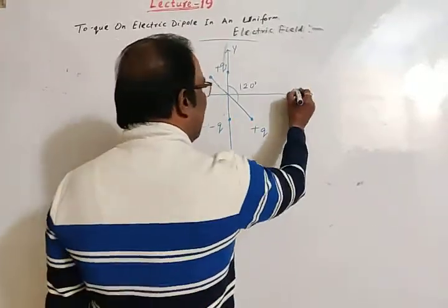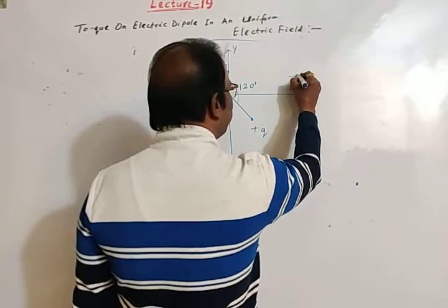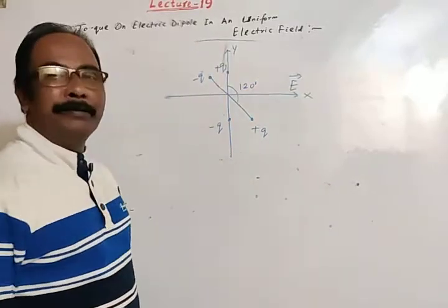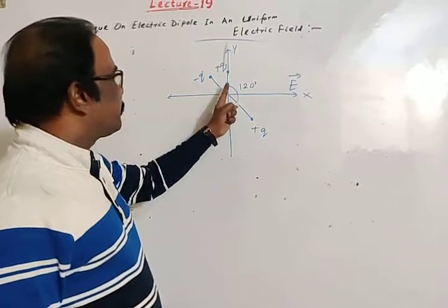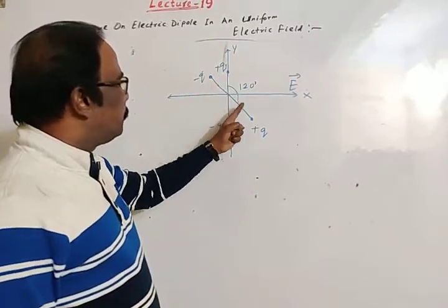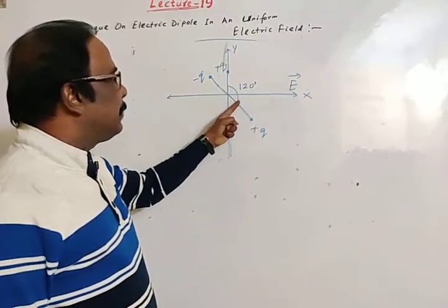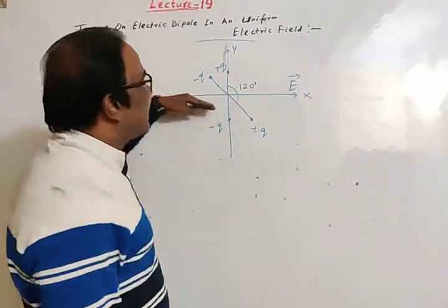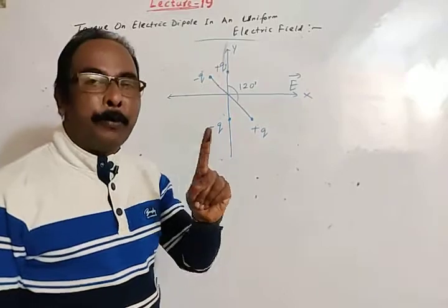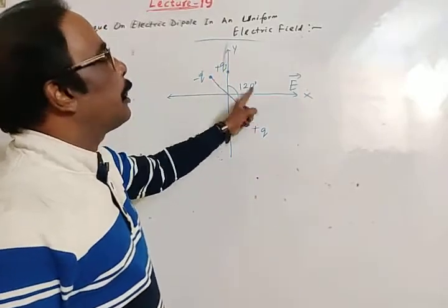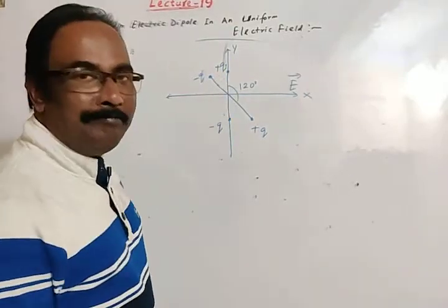Okay. Along the x-axis there is an existing electric field. Okay. These are two dipoles, minus q plus q, minus q plus q. This angle is given as 120 degree. The direction of the electric field is along the x-axis. We have to find the torque experienced by the dipole.